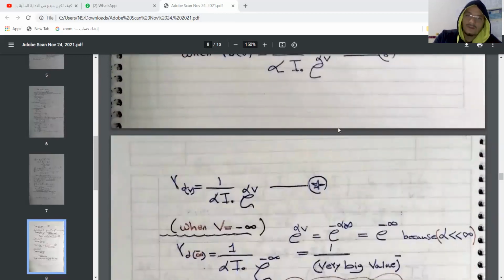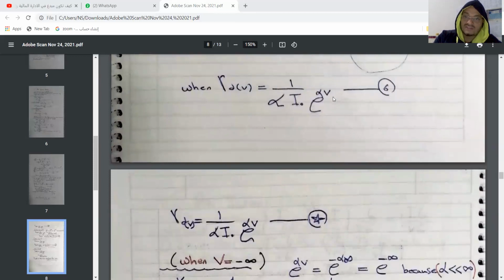Let's put minus infinity here and see what will happen.